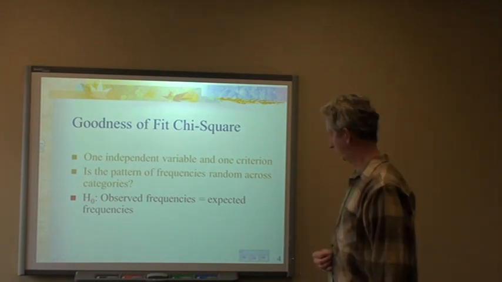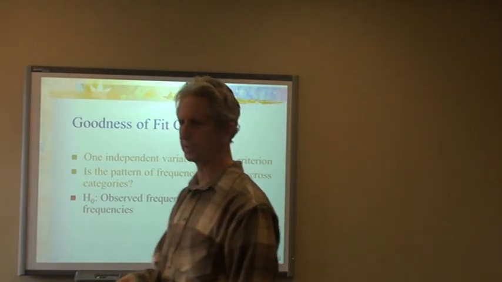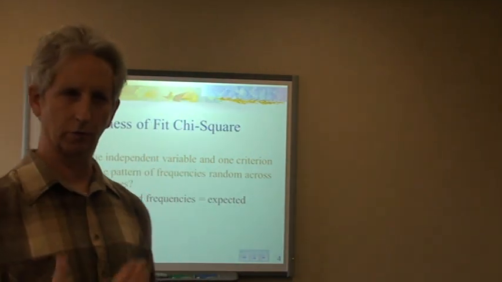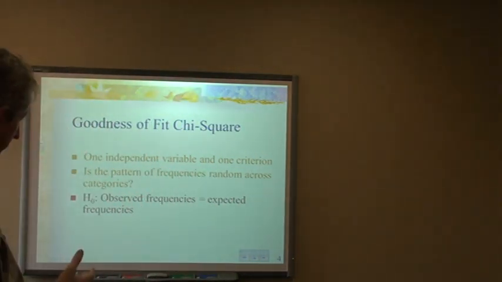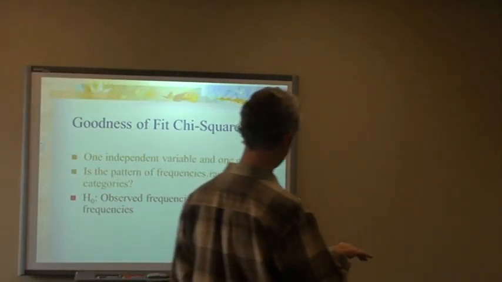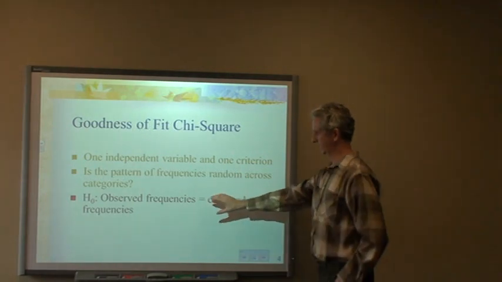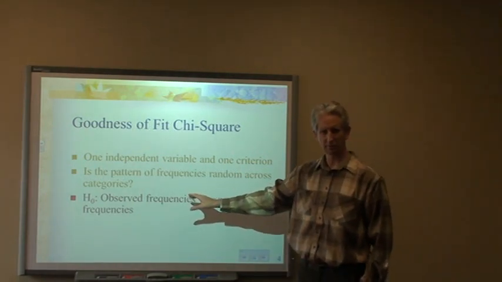So in effect, and this is still slide number 4 of your presentation, if we do an inferential statistical test, we're testing to see if the observed frequencies equal the expected frequencies. As you can see, it's rather a simple type of model.